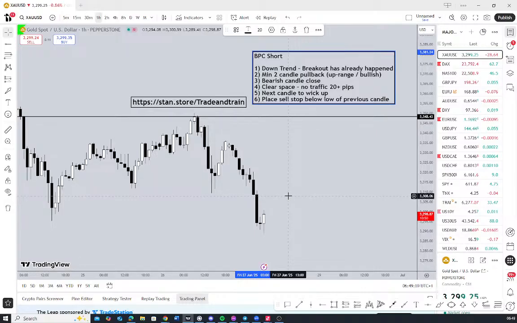Once that's happened, I look left and I'm looking for clear candle space. What does clear candle space look like? It just means I'm looking for nice big bodied candles with no small bodies, no wicks like this where you've got a long wick to the downside and a long wick to the upside. No candles like this little section.